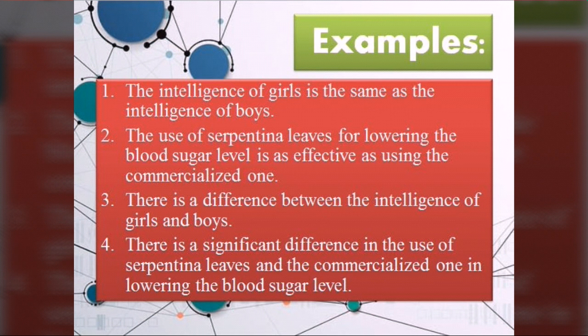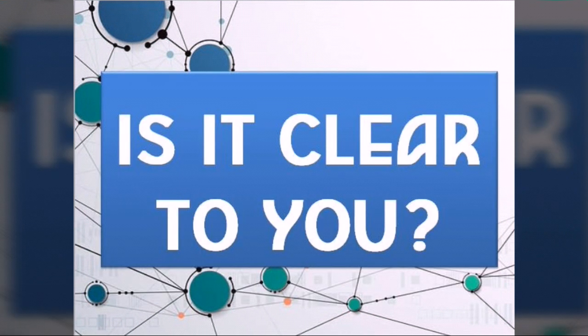Okay, because of the words "there is a significant difference." There is a significant difference, meaning to say, they're not the same. There is a difference between the two variables, which are serpentina and the commercialized one. Very good. Is it clear to you? Do you have any questions?